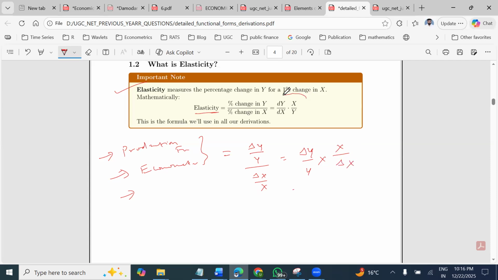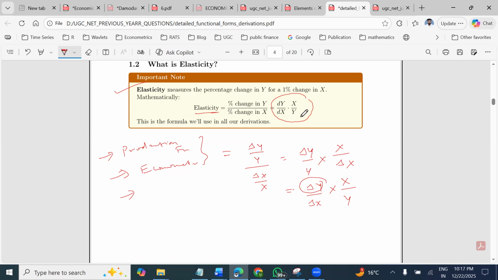It is the same thing written over here. If you rearrange, it will be delta y upon delta x into x upon y. So it is better to just take the first order derivative of a function and then multiply by x upon y.